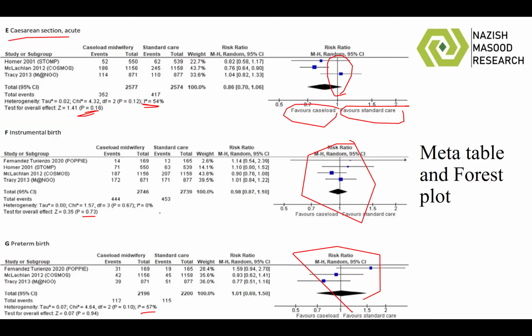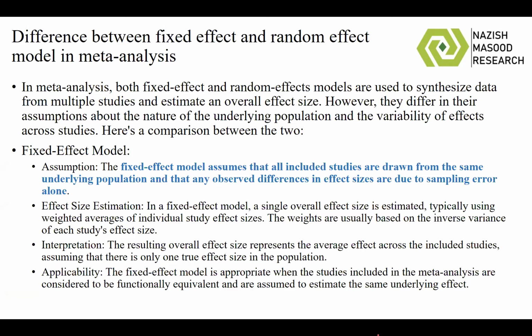And for some, even the I-square values are high, like 57%, 54%. So there is considerable heterogeneity. With that being said, we are going to now discuss what is fixed effect model and random effect model.